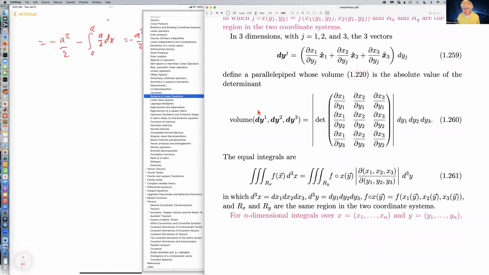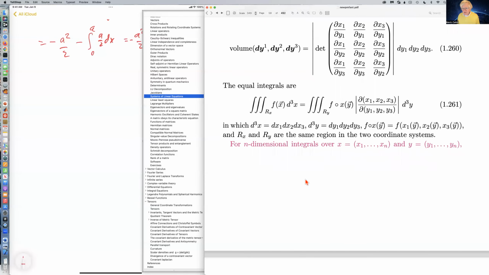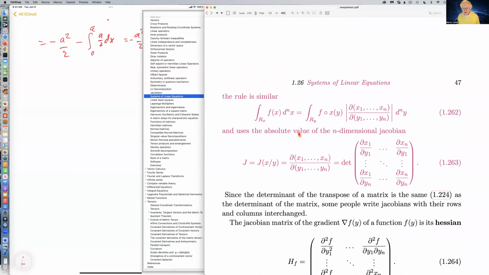So the volume in terms of dy, I guess it's a parallelepiped. No, I guess it isn't that. It's a volume with sides dy1, dy2, dy3, all being vectors. It's then a determinant of the actual Euclidean space coordinates with respect to these y's and times the y's. And so the volume elements go as Jacobians, I guess is the way to say.